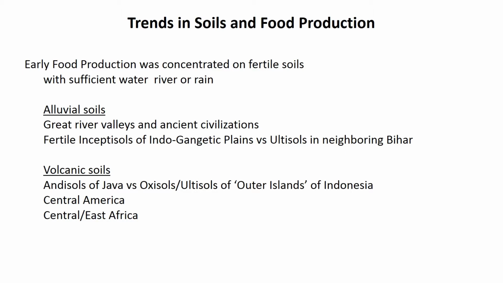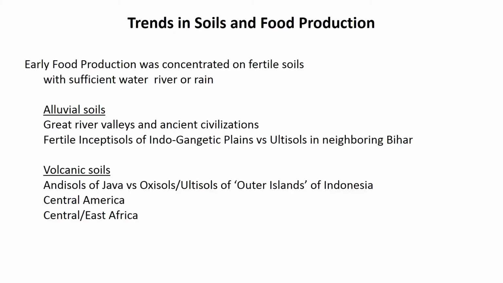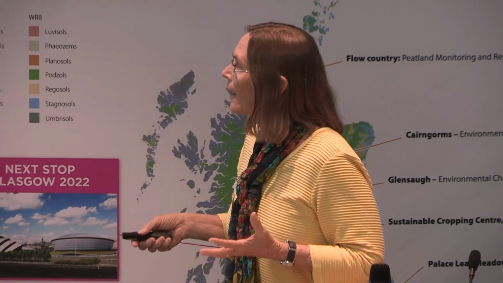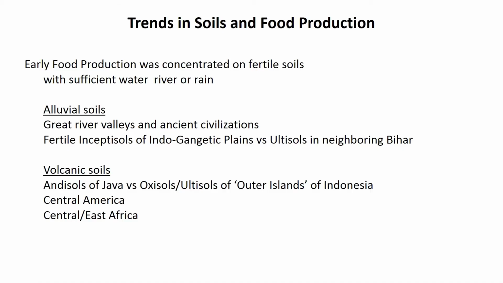All right, so as we all know, populations concentrated on fertile soils. Why? Because they could produce food. And they were usually in great alluvial soils, the Nile Basin, India, China, places like that. So many of these early civilizations were on fertile alluvial soils.